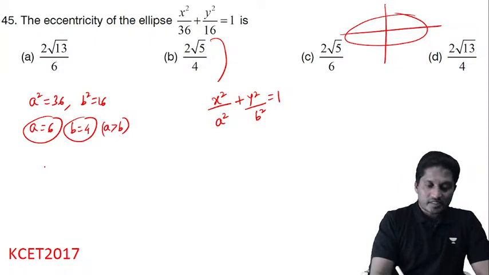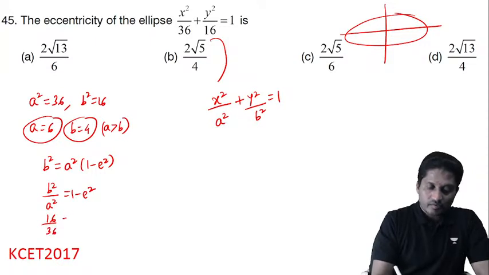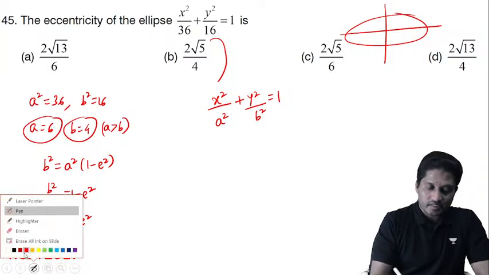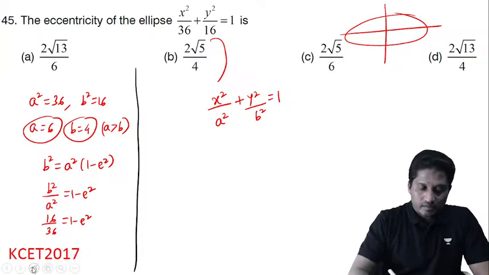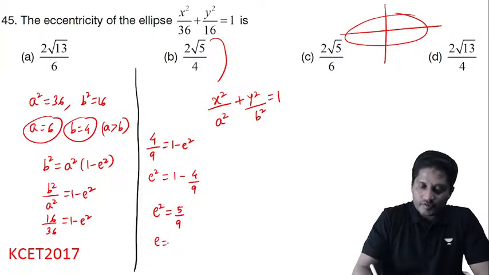For a horizontal ellipse the formula is b square is equal to a square into (1 minus e square). From this I can write b square by a square is equal to 1 minus e square. b square is 16, a square is 36, is equal to 1 minus e square. Let us simplify this. This is 4 by 9 is equal to 1 minus e square. From this e square is equal to 1 minus 4 upon 9. e square is equal to 5 by 9. e is equal to root 5 by 3.